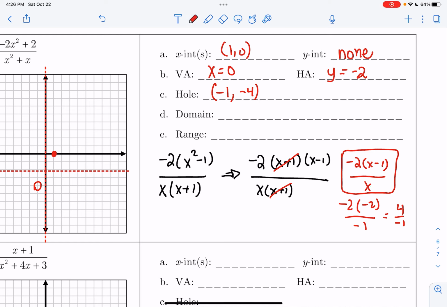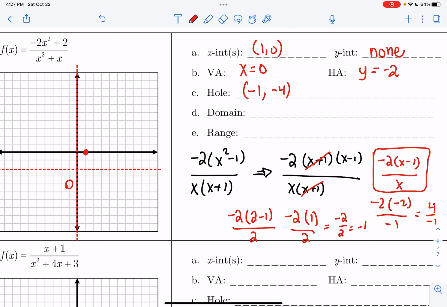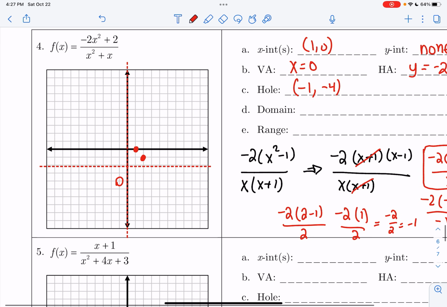If I plug in 2, I get -2 times (2 minus 1) over 2. So -2 times 1 over 2, -2 over 2, or -1. So at 2, I have -1. And then if I do symmetry there, I'm going to go down 1, left 2, down 1, left 2 to get this point right here.